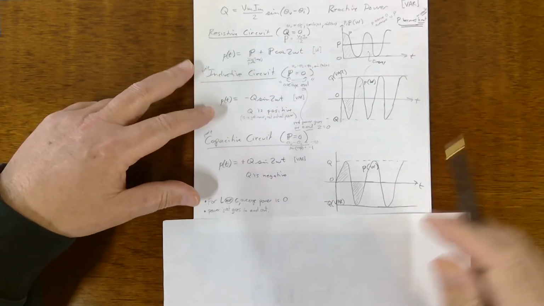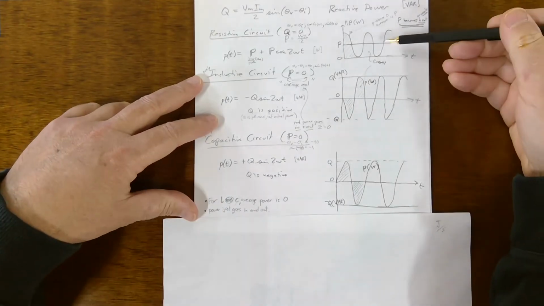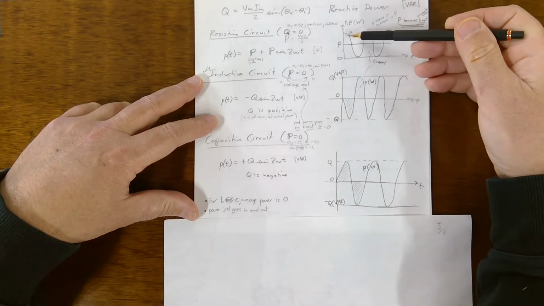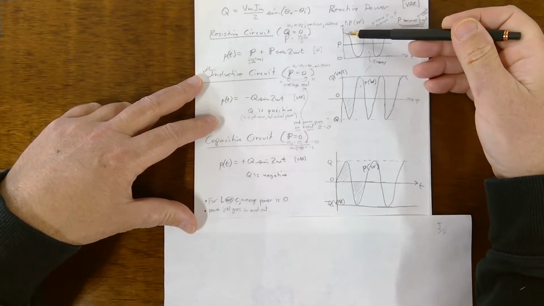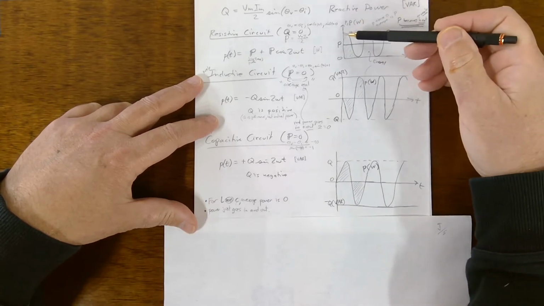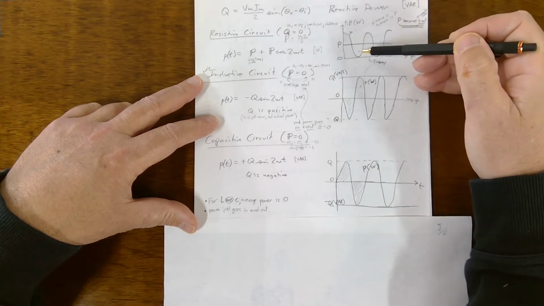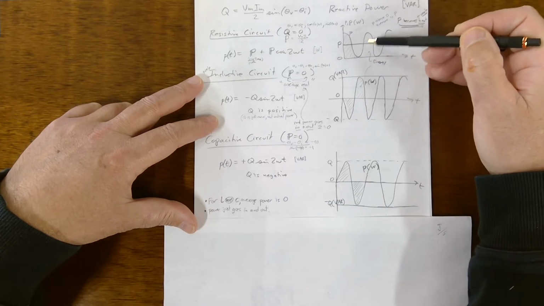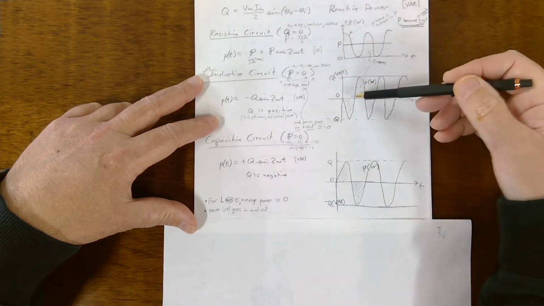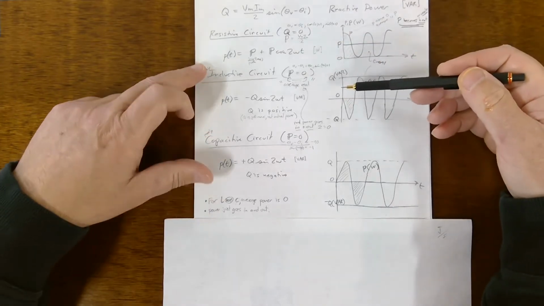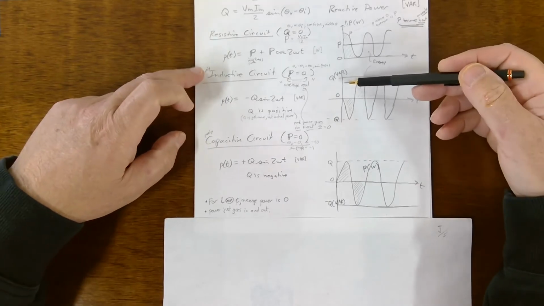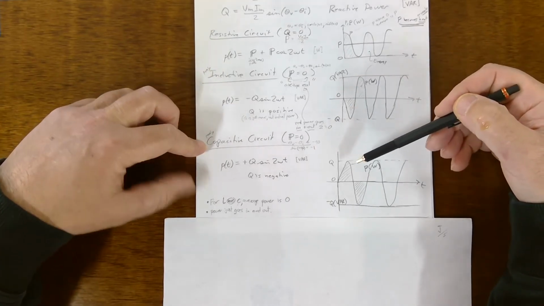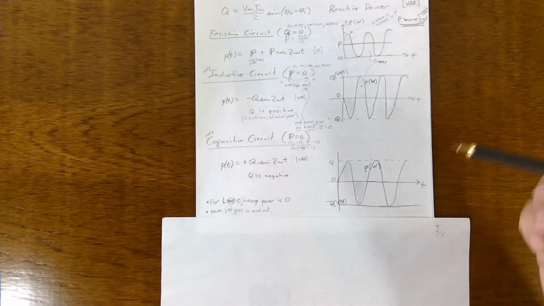All right, just to summarize, for a resistive circuit, you're never sending power back. It varies from its peak down to 0 and then up again, but it never goes back. But for a purely inductive circuit and a purely capacitive circuit, you're just sending the power back and forth.